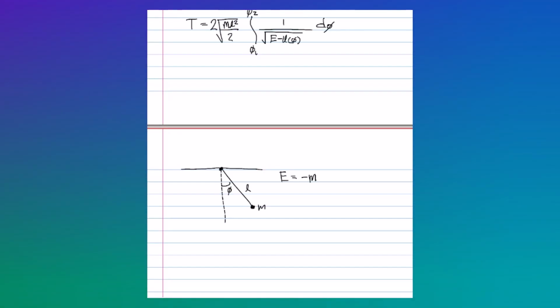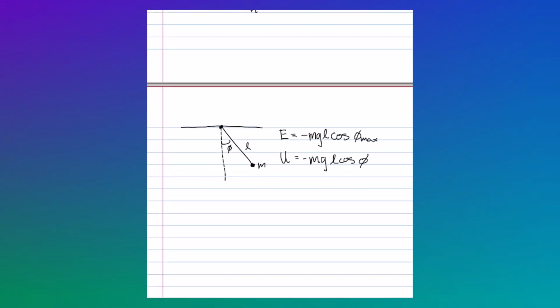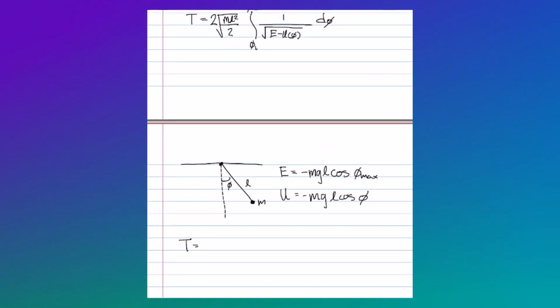Now we can express the energy in terms of the maximum position that the pendulum is able to reach, and we can write the potential energy in terms of phi. This will allow us to plug into our formula for the period.